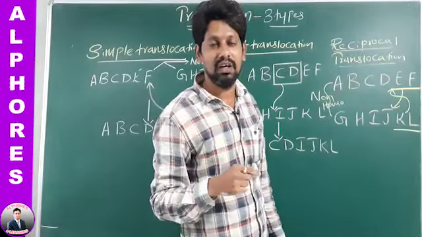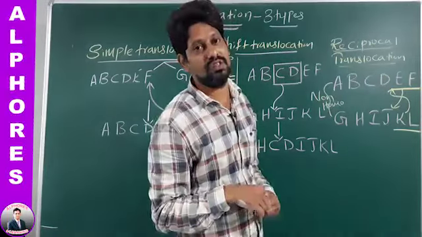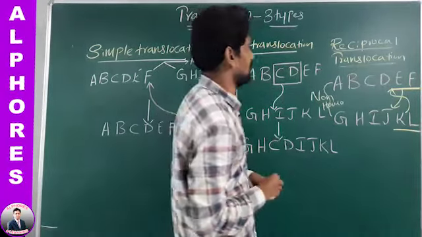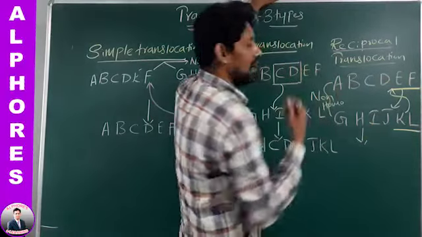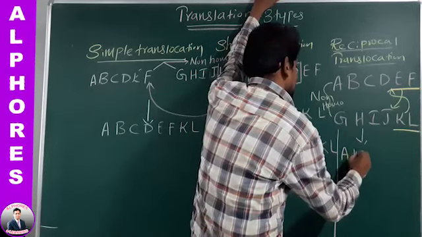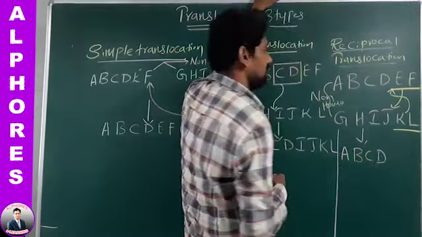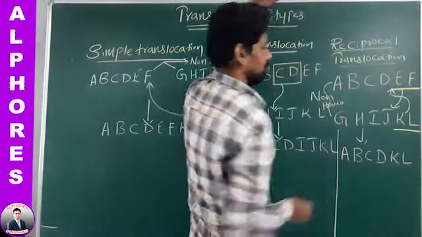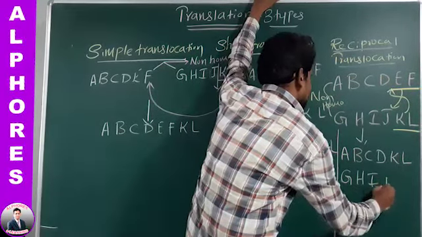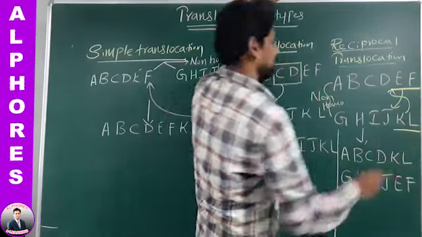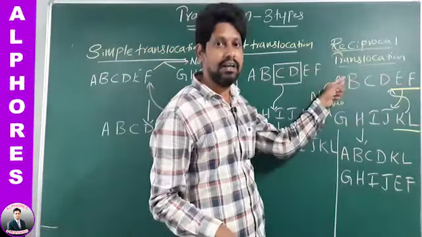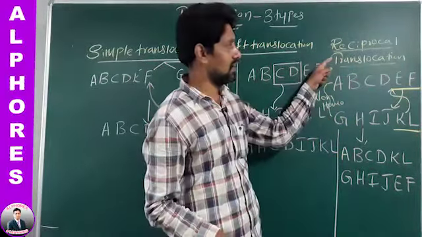Therefore, after reciprocal translocation, how will the situation be? A, B, C, D, K, L, and the second one, G, H, I, J, E, F. Therefore, exchange of segments of chromosomes between non-homologous chromosomes. What is this called, sir?